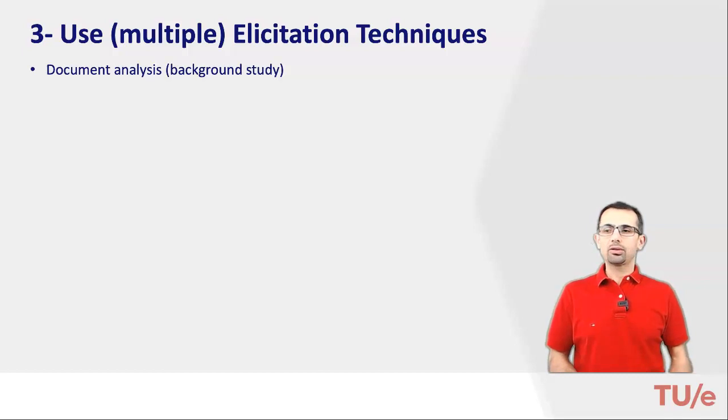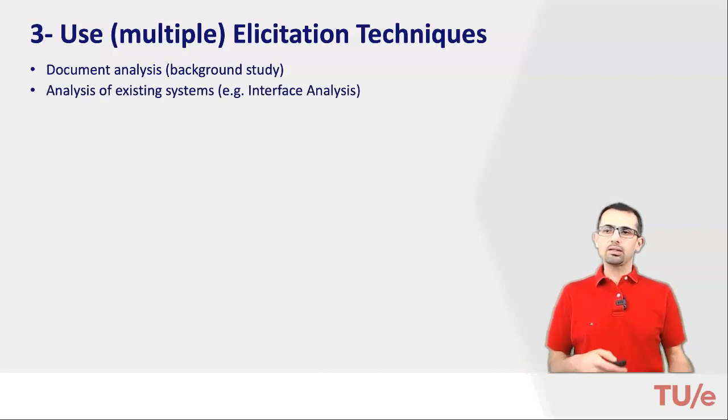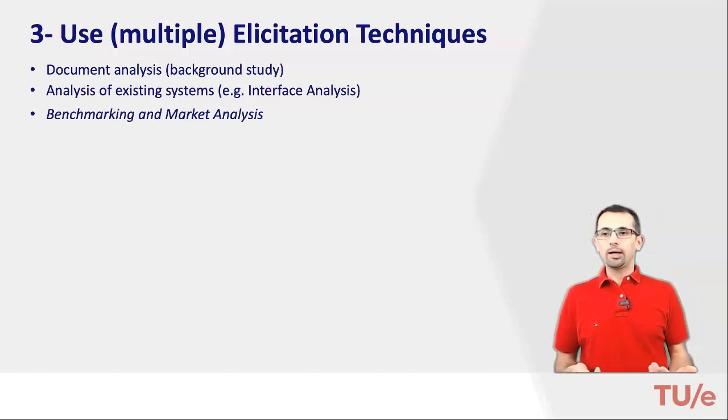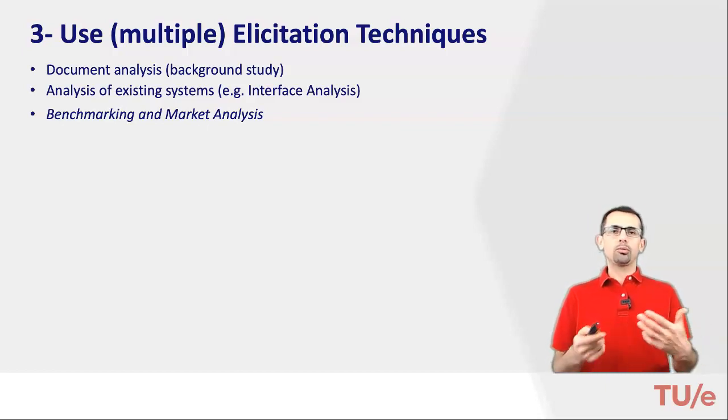What do we have here? So document analysis and analysis of existing systems are just those two that we know would work, and they don't involve much stakeholder communication in this case.